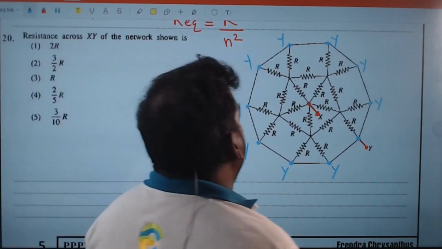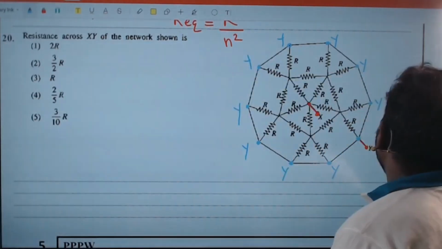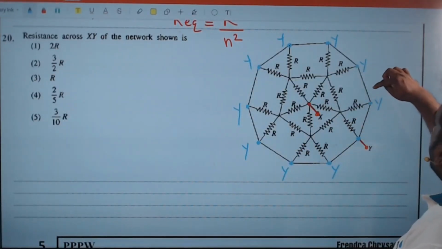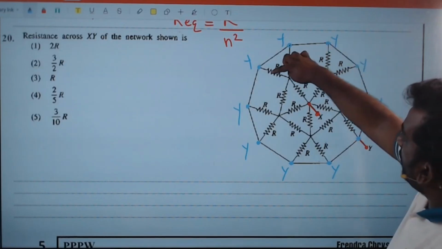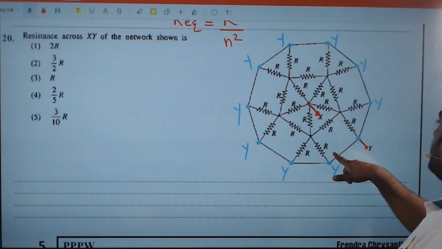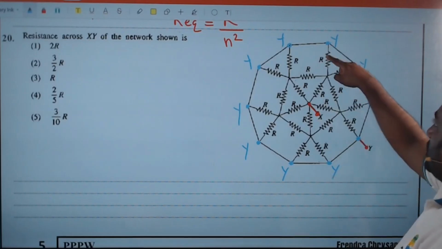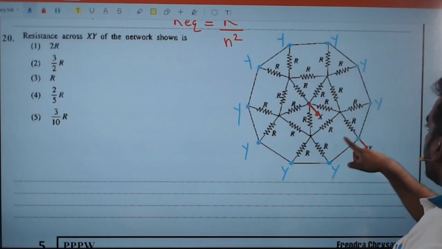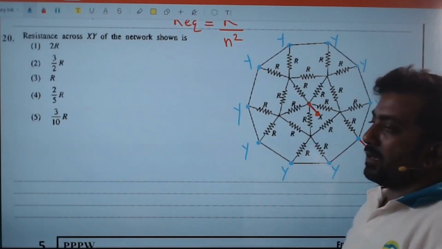You think and tell me below. How many resistors? 1, 2, 3, 4, 5, 6, 7, 8, 9, 10. All 10 are connected to each other.